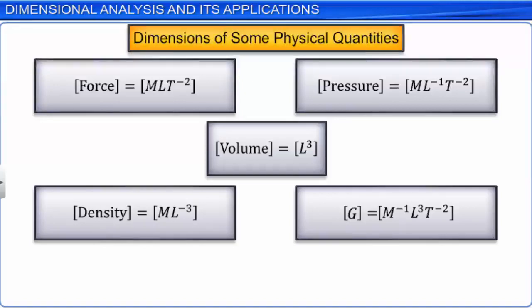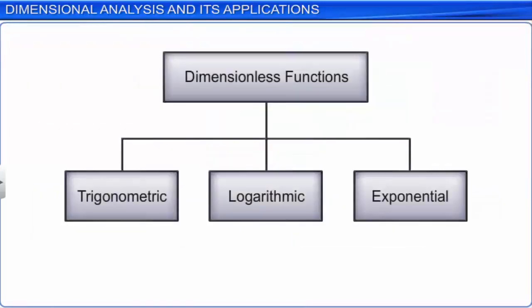For example, the arguments of some dimensionless functions, such as trigonometric, logarithmic, and exponential functions cannot be obtained using dimensional analysis. The ratio of similar quantities results in a pure number, which is again dimensionless.